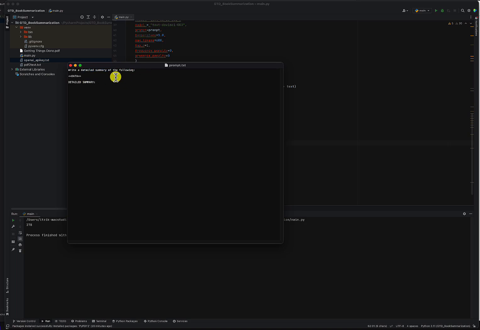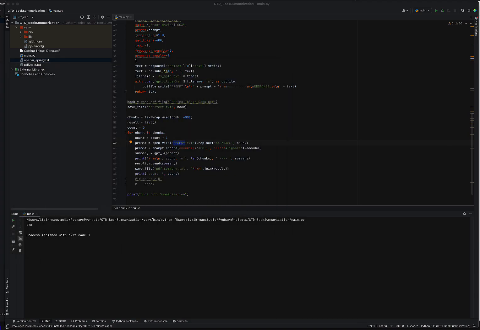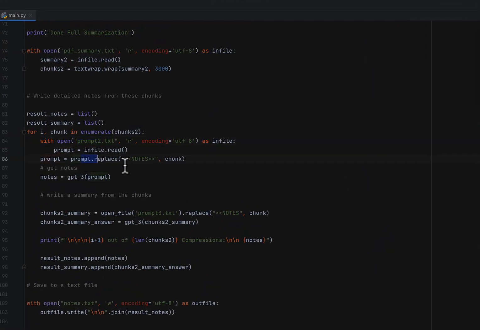Remember, we had 120 texts split, and for each text, I summarized it with GPT. So, after I had the texts summarized, I split each summarization again into 3,000 characters and extracted the most important details for each and every section.